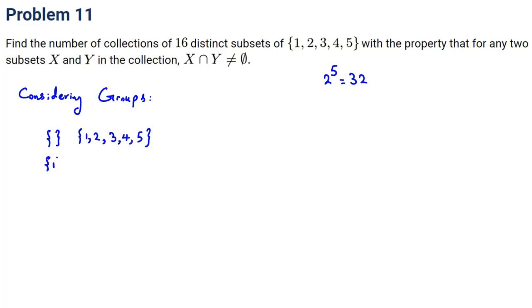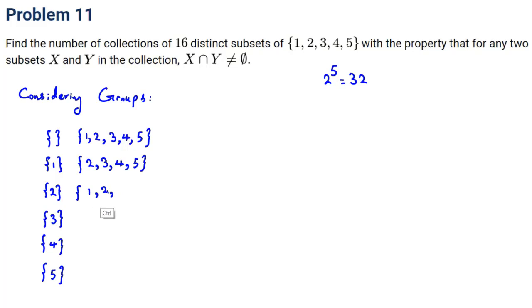So we consider, for example, 1 with 2, 3, 4, 5. We write these things. We consider 2, 3, 4, 5. And each group has two subsets: 1, 3, 4, 5. The next one is 1, 2, 4, 5.